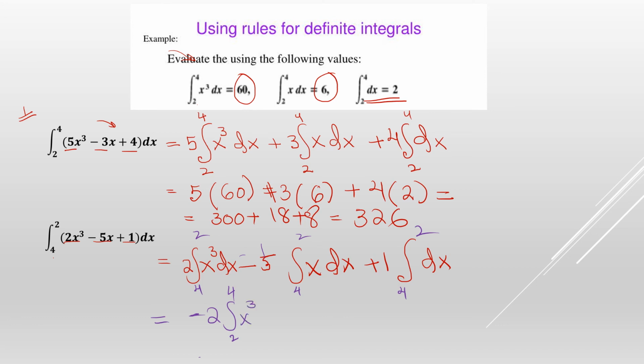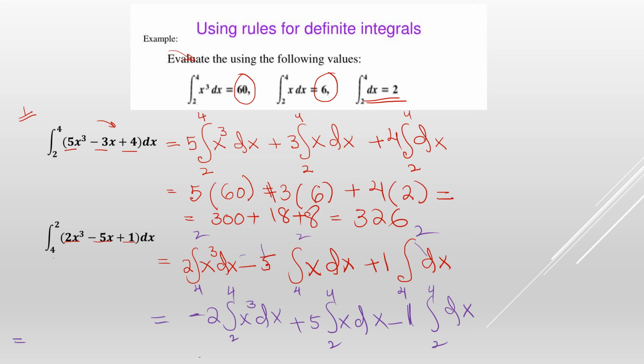So this is also a property. Since it is negative 5, you will make it plus 5, and since it is plus 1, you will make it minus 1. We change the limits because we cannot make up anything ourselves; we have to use our given data. Here dx.